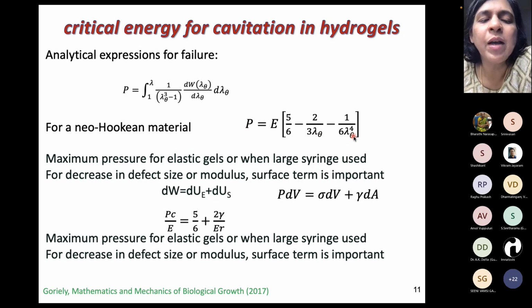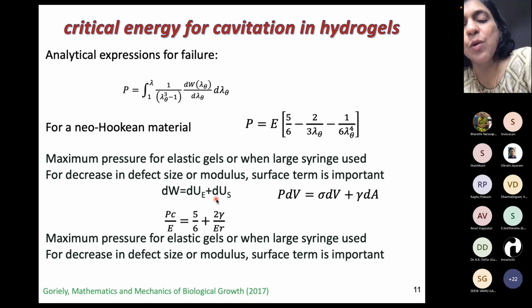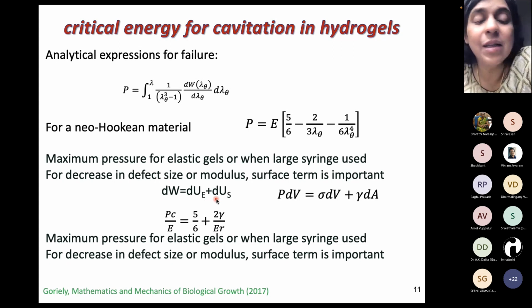So essentially what we have done is we've modeled the growth of this bubble. The first term is dUE, which is the elastic energy, and the second is the surface energy term, which is, as we see, very important. And I'll try and demonstrate a little later that in fact it seems to dominate much of the failures in soft materials.